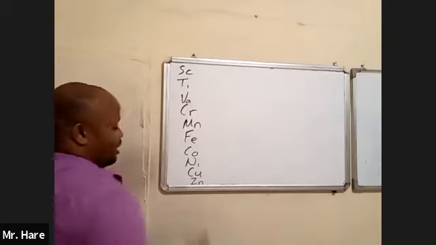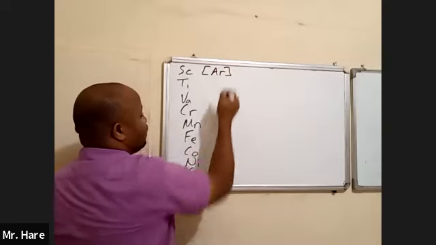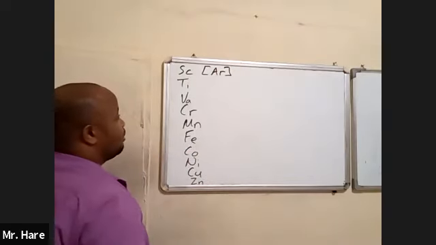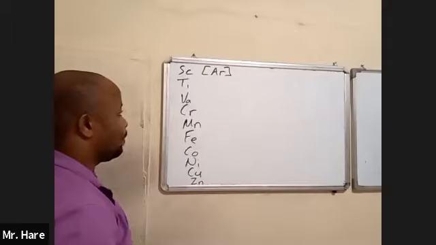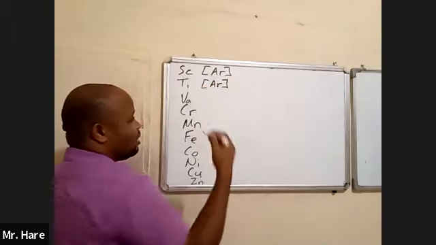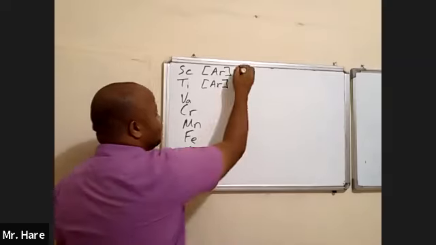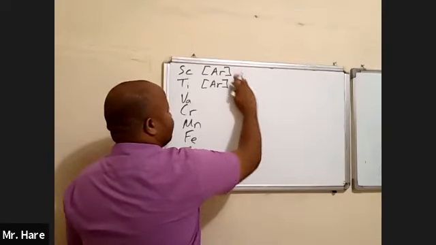What's the electronic configuration for scandium? It's 21, short form. Remember, with short form electronic configuration, they start at the nearest noble gas, argon at 18.